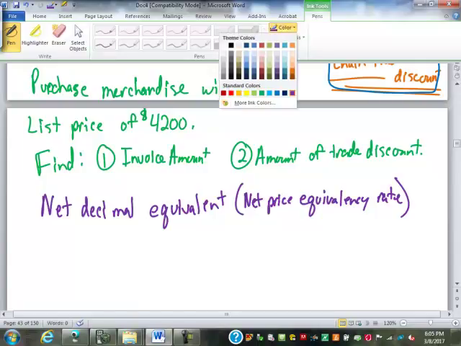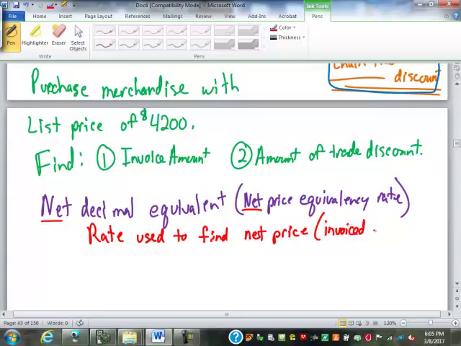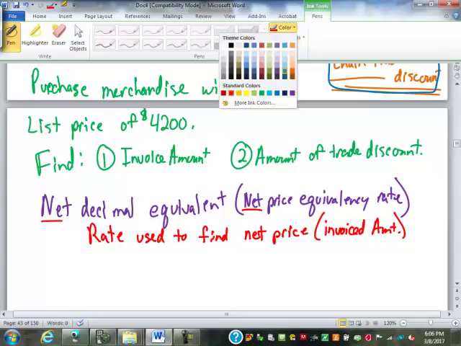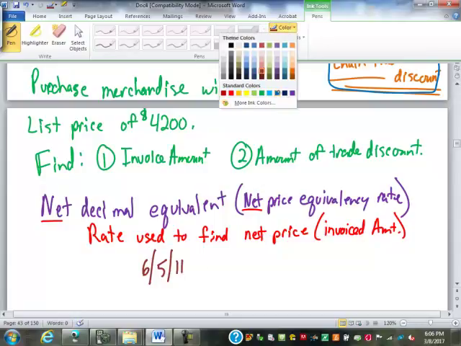Notice both of these names have the word net in them. This is a rate that is used to find the net price. The net price is your invoiced amount. It's your price after discounts. That net price equivalency rate is found from our chain discount by using the complements and the rates.